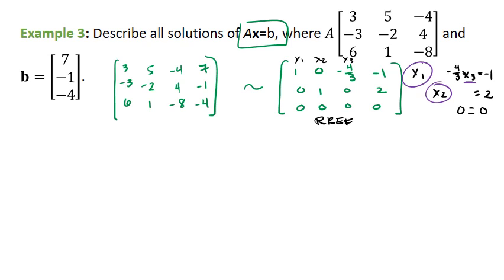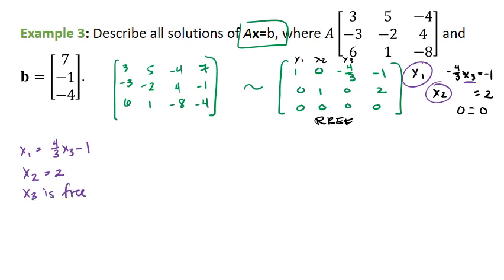So when I write this, I'm going to say x1 is equal to, let's write it like this, 4/3 x3 minus 1. x2 remains the same, it's 2, and then I'm going to say x3 is free.